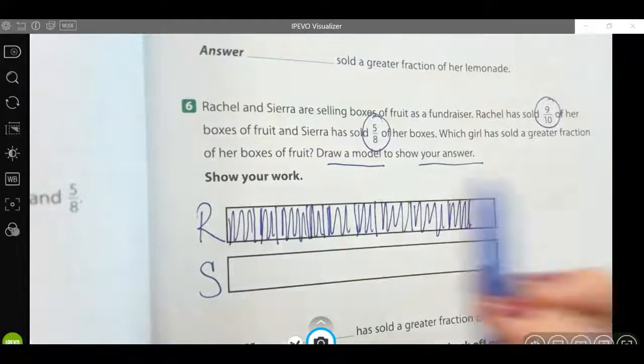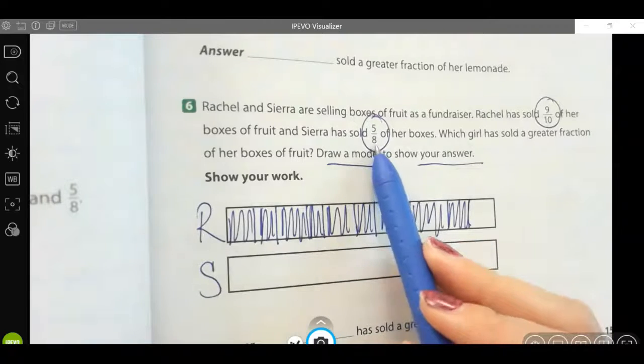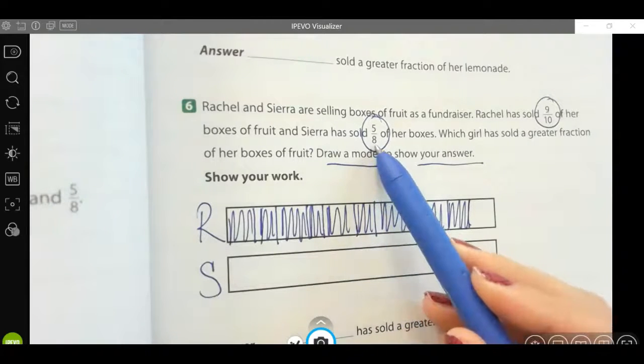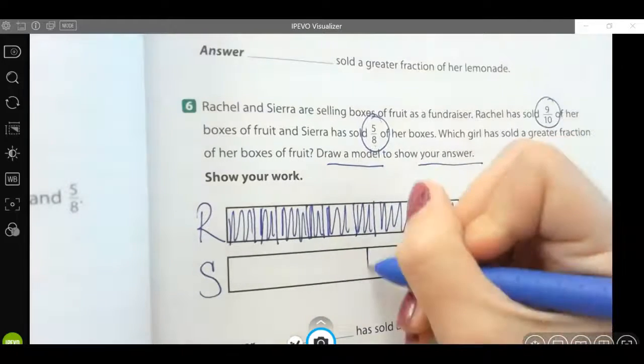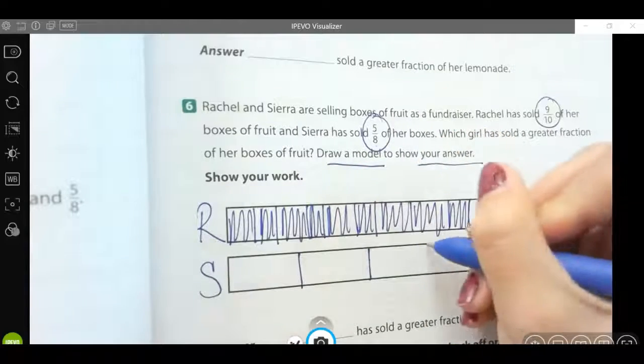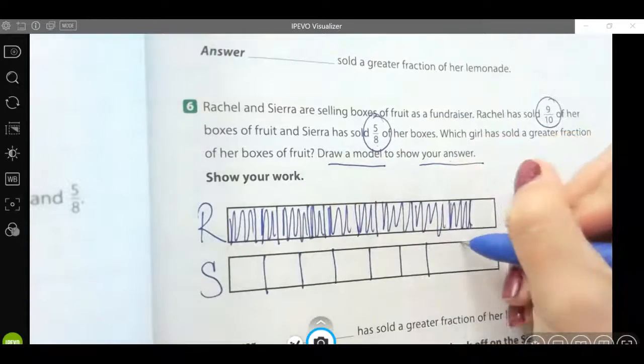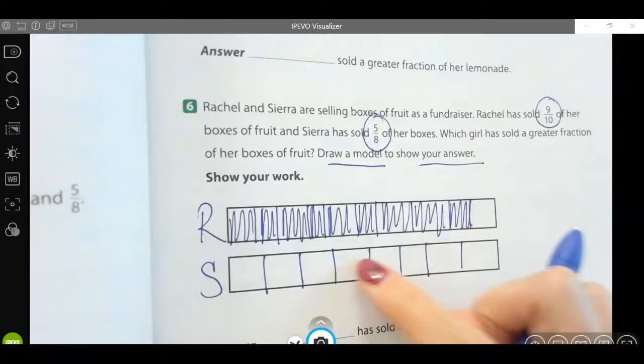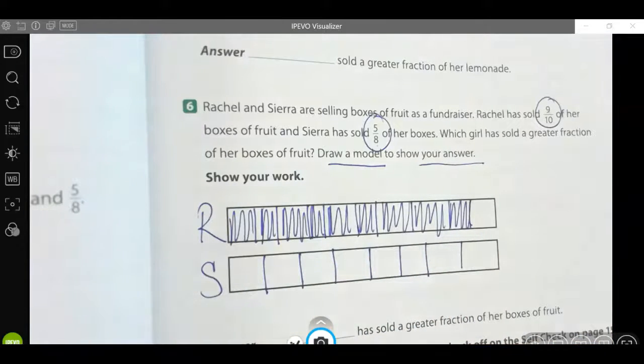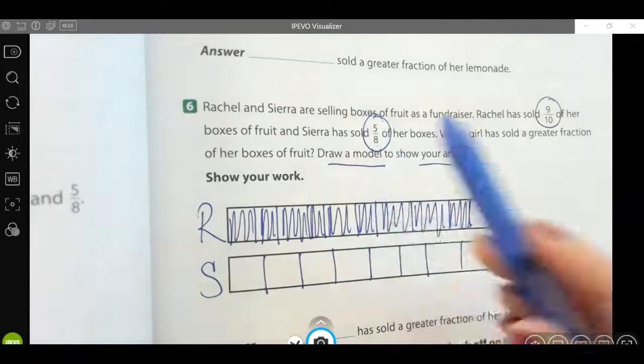Okay. How many pieces is Sierra's box broken up into? 8 whole pieces. Okay, and then how many are we going to shade in? 5.